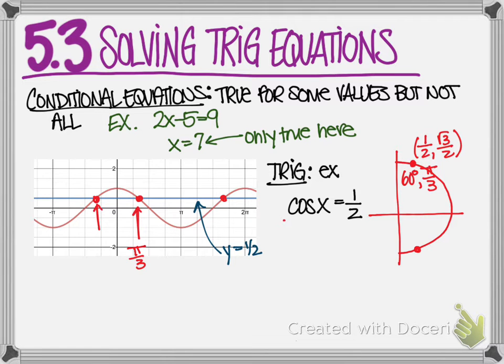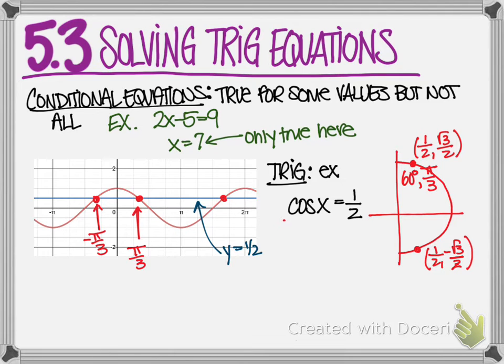Like over here, this would be negative pi over 3, also represented by this point down here on our unit circle. So there are lots of answers, and as long as we can find the values or the spots in our unit circle, that's a good way to go. So we can write our answers in the form of an equation. And we've been kind of doing this with our domain and range.